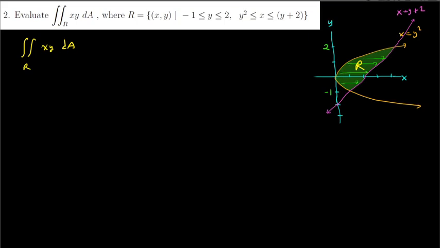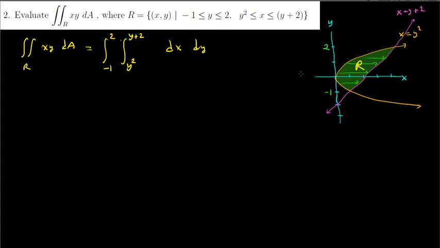So as a horizontally simple region, we're going to do dx dy, where x just goes from y squared on the left to y plus 2 on the right, and y just goes from -1 to 2.